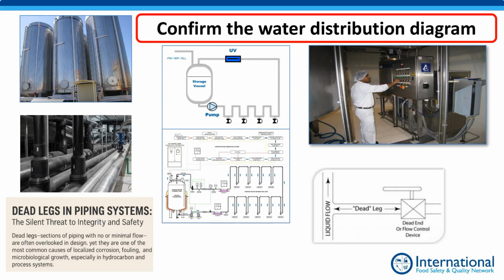Based on experience, I would also confirm the water distribution system, as I have found massive dead ends in clean water supply by physically walking the clean water supply pipework, just as you would the process flow for products. So I think that's an important aspect to consider.